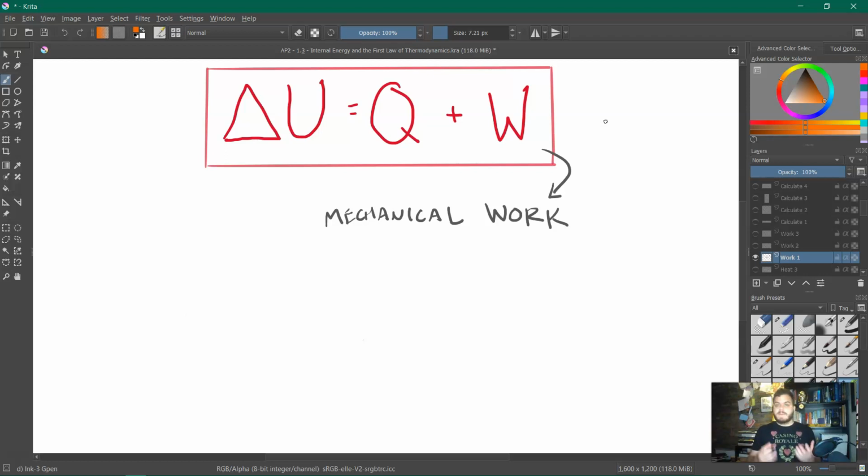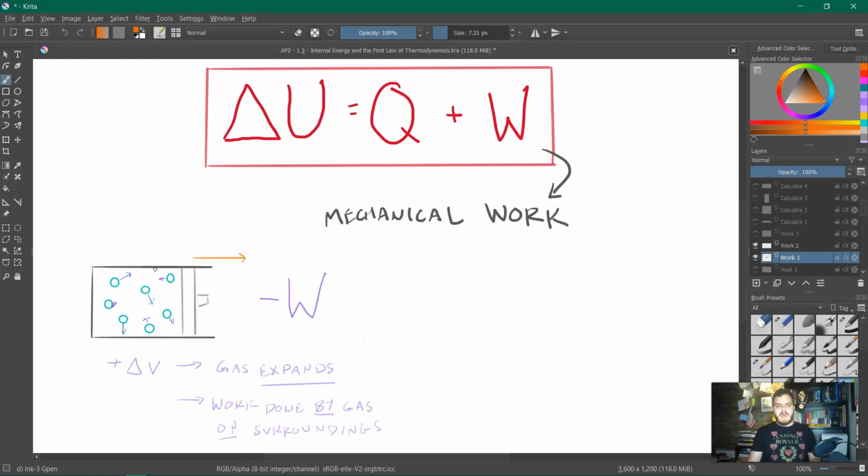And once again, the W can be positive or negative. First situation. Let's imagine we have our piston, and the piston has molecules moving around, the gas inside, and they hit this piston head, and the piston head is accelerating away, causing the volume to increase. Well, if the volume increases, the gas is expanding. A couple things we need to remember.